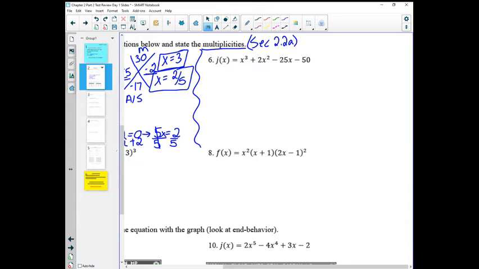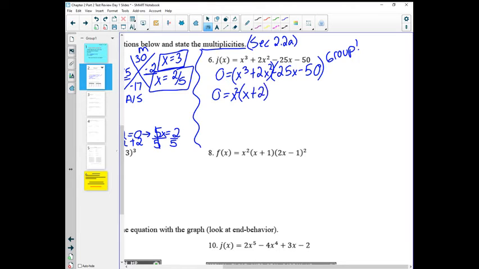On question 6, we're going to do the same thing, set the entire function equal to 0, and use a factoring strategy to factor the right side. This does have 4 terms and no GCF, so I'm going to use grouping to factor the right side. The GCF out of the first 2 terms is x squared. When I pull out an x squared out of the first term, we're left with x, and out of the second term is just 2.